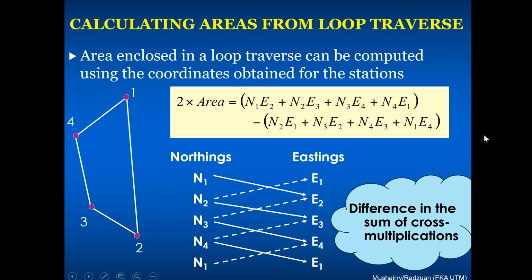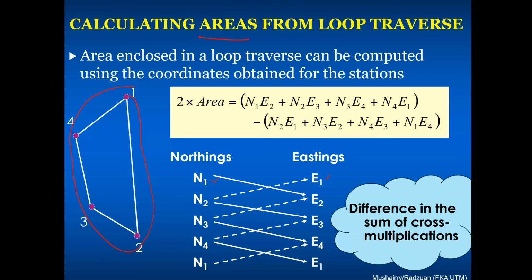Okay, before we go on to that, let's lastly look at this. Apart from calculating your final coordinates, you are also able to calculate areas from the loop traverse. So if you consider a traverse with 4 stations here, and having done all the traverse work, you get the coordinates of each station.